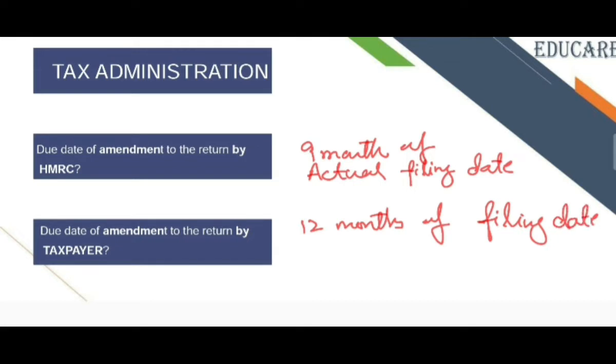For example, for the tax year 21-22, the filing date is 31st January 23. Then the due date of amendment to the return by the taxpayer would be 12 months of the filing date, meaning 31st January 24.